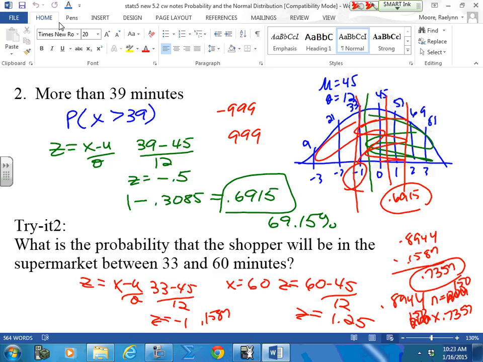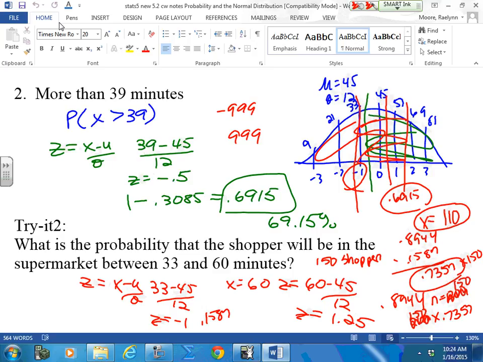So they're the next 150 shoppers that walk in. How many of them, based on this data, will last from 33 to 60 minutes? I got 110. Multiply this number by 150, and you'll get 110.3 something or other, so round down to 110.